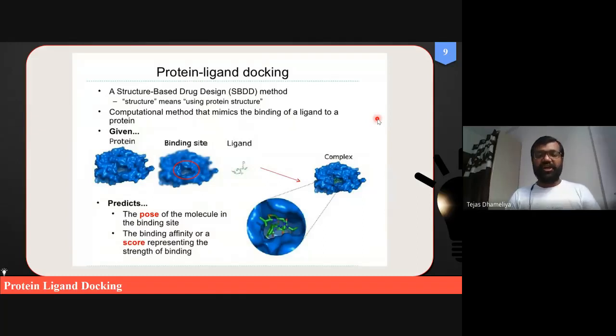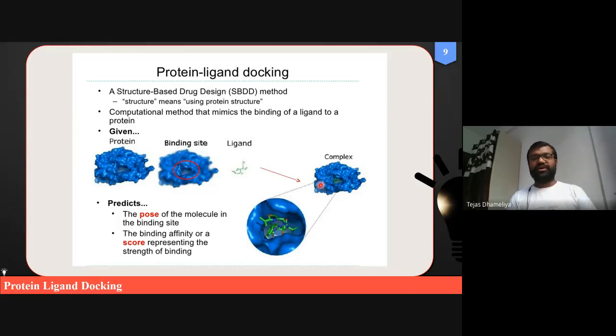Protein ligand docking, we have discussed in depth. Each and every protein is made up of peptides, made up of amino acids, and such a protein will have a certain active site, which is also called a binding site for a particular ligand. This ligand will bind to the binding site of the protein and make a complex.